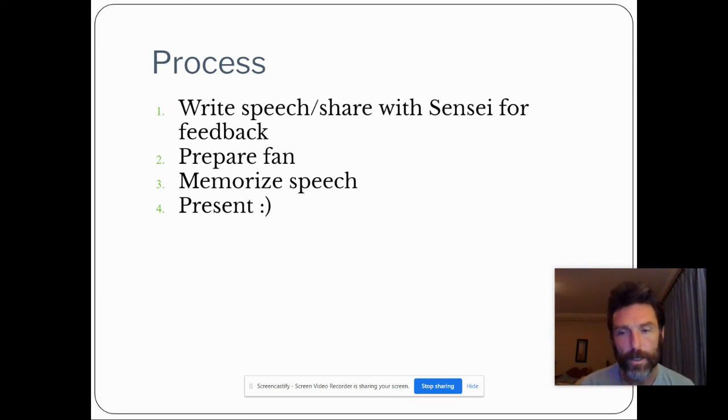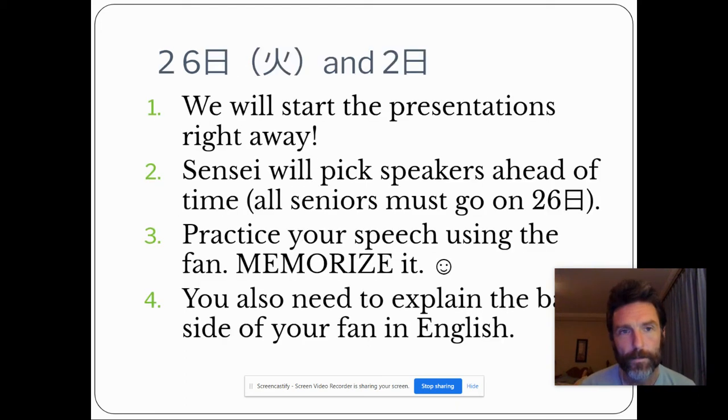The other side, you're going to have little pictures that'll help you remember what your speech is about. Like I would have a little coffee cup to remind me to tell you guys that I like coffee, right? So you'll use that as kind of a visual aid as you talk to us, okay?